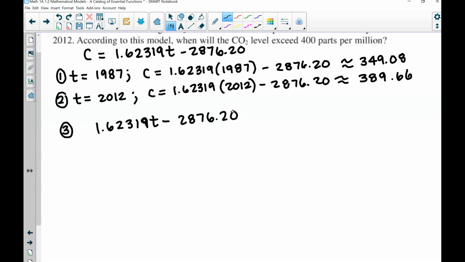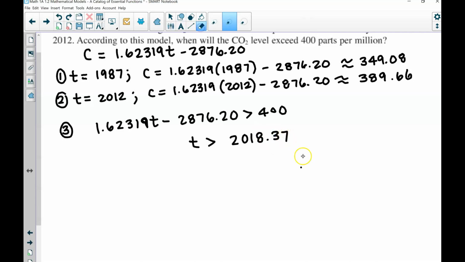In the last part it says when will the CO2 level exceed, meaning when is it going to be greater than 400 parts per million. In order to do that, we'd have to solve for t. So if we add 2876.20 and then divide by 1.62319, we would get t to be approximately greater than 208.37.